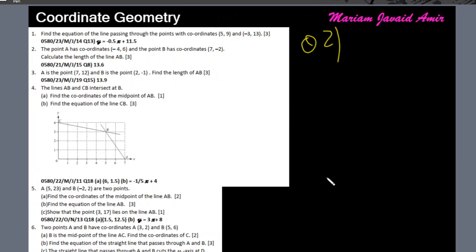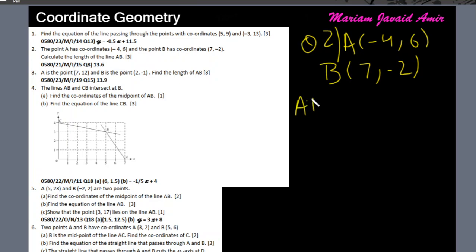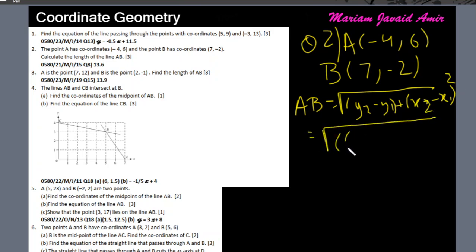Point A has coordinate minus 4, 6 and B has coordinate 7, minus 2. Calculate the length of line AB. AB equals the square root of y2 minus y1 whole square plus x2 minus x1 whole square. This is the formula for length of a line. So 6 minus minus 2 will make plus 8, whole square, plus minus 4 minus 7 whole square.